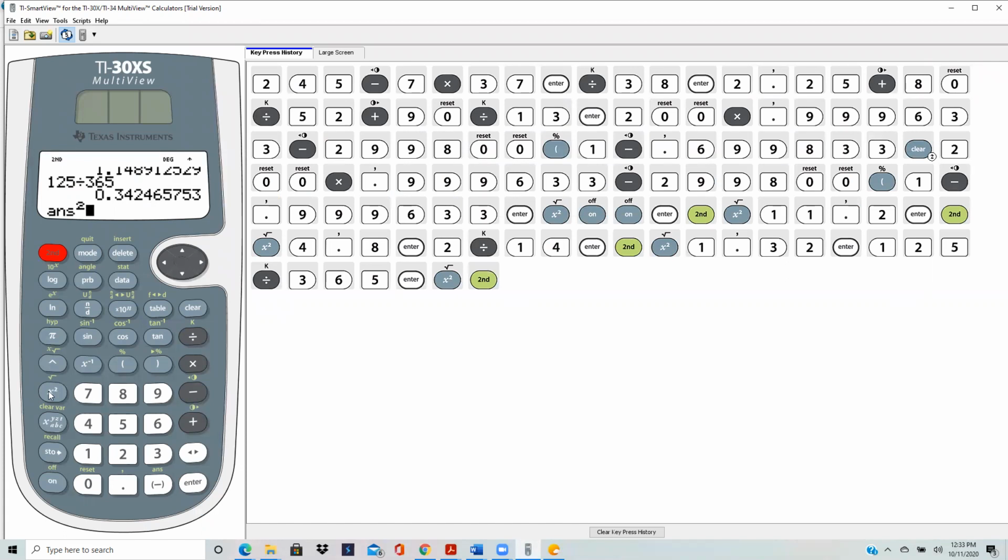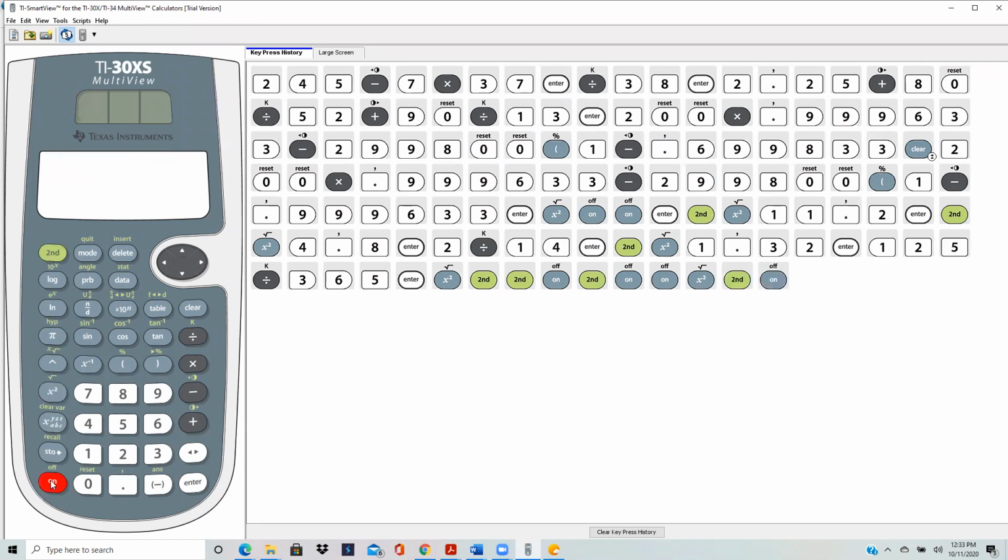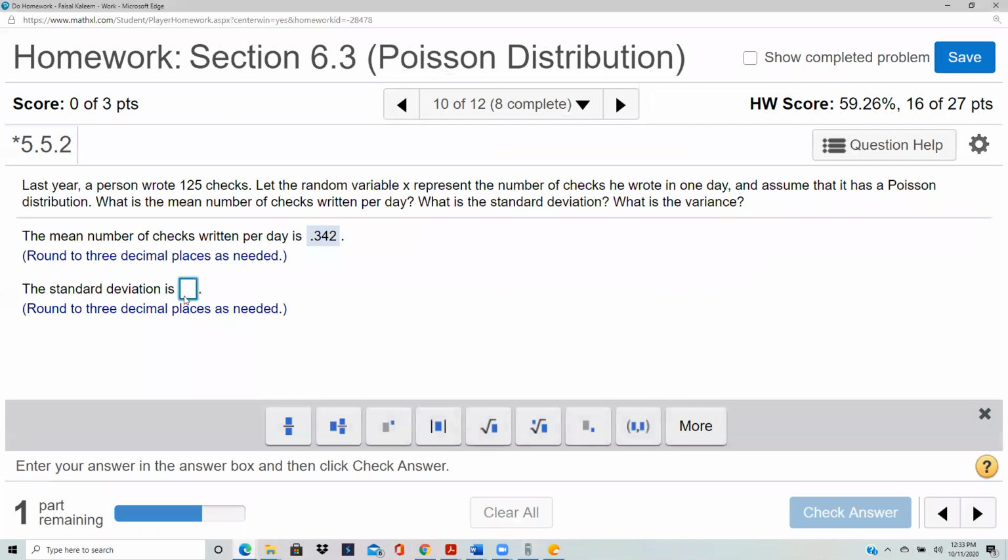Second square root of 0.342, 0.5848, 0.585.